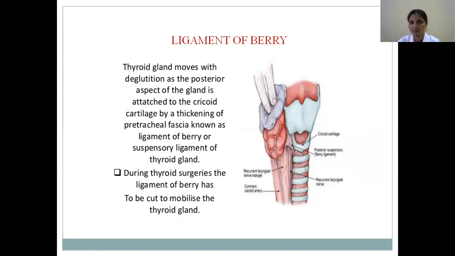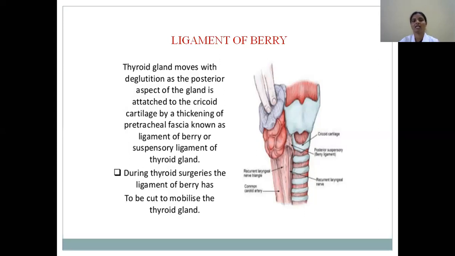This explains why the thyroid gland moves along with the movements during deglutition or with the movements of the hyoid bone, how the thyroid gland moves up and down. It is because of the thickening of this pretracheal fascia, known as the ligament of Berry.